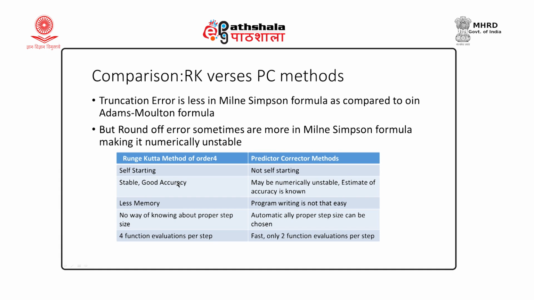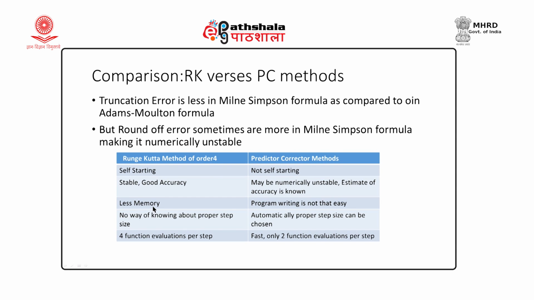Predictor corrector methods, unlike Runge-Kutta, are not self starting. They may be numerically unstable, but since you are using the corrector formula iteratively, you know the answer is correct to these many decimal places.